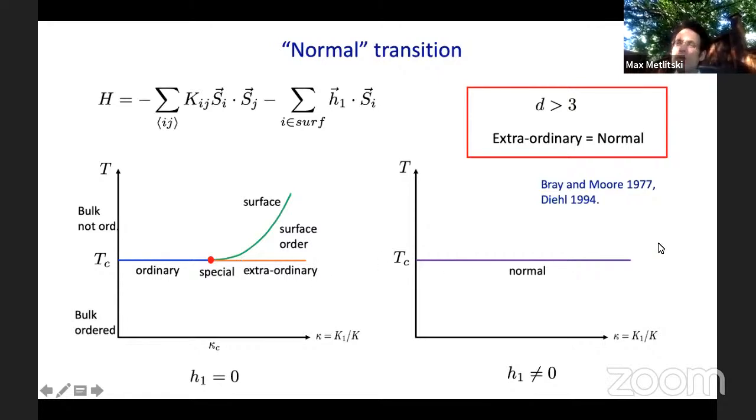This is almost obvious for the case of Ising spins, n equal to 1, but it's also believed to be true for the case of continuous spins.